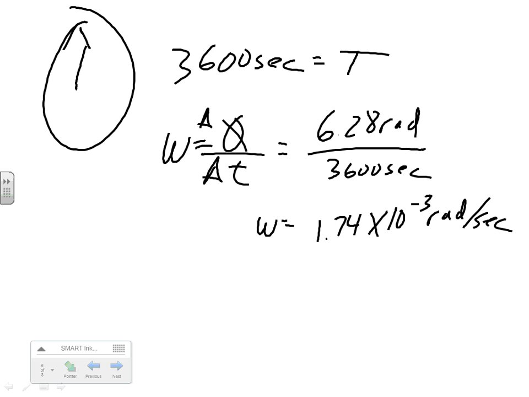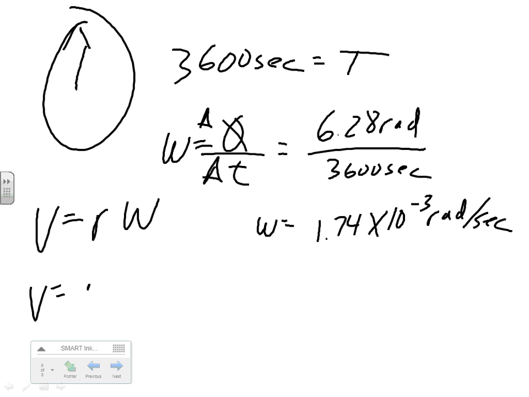The second part of that problem was to find the linear velocity. And again, the relationship is linear velocity equals r times omega. So in this problem, we're told at the end of the problem that the minute hand is 20 centimeters long, 0.2 meters.